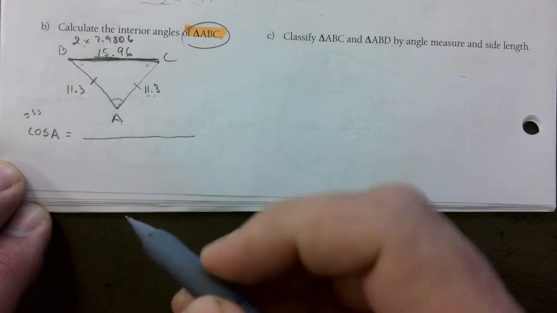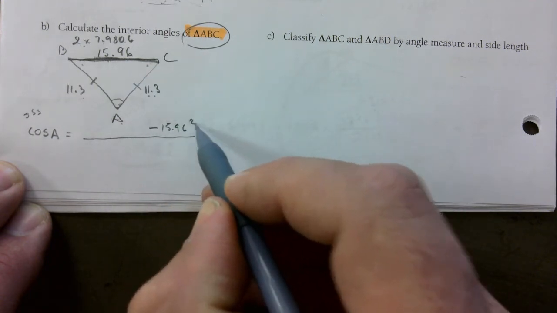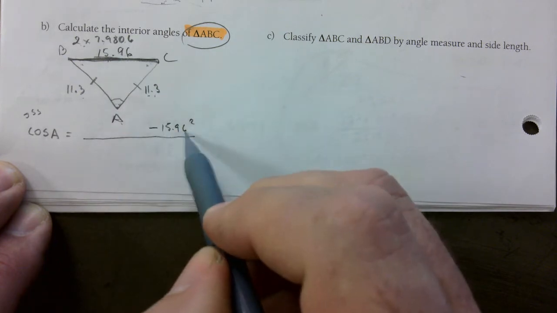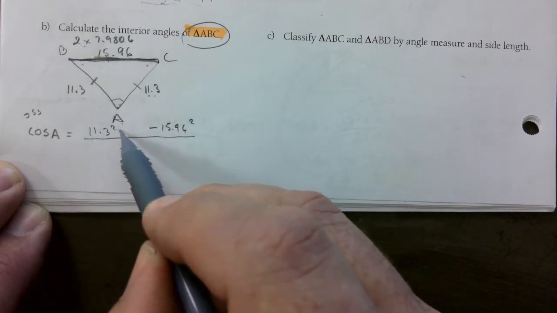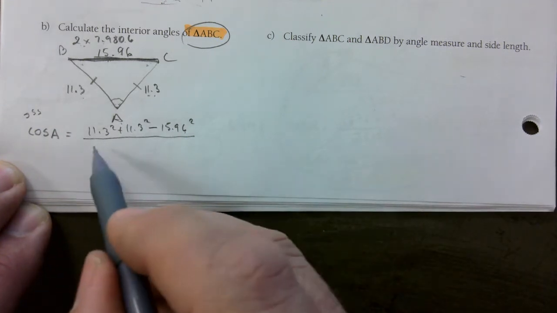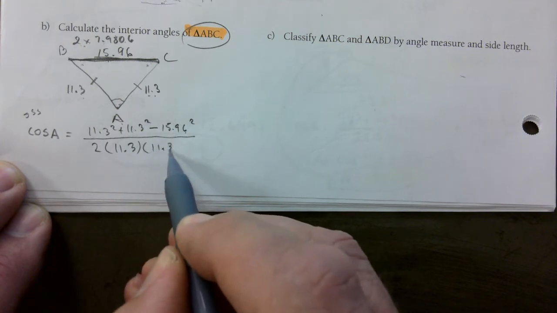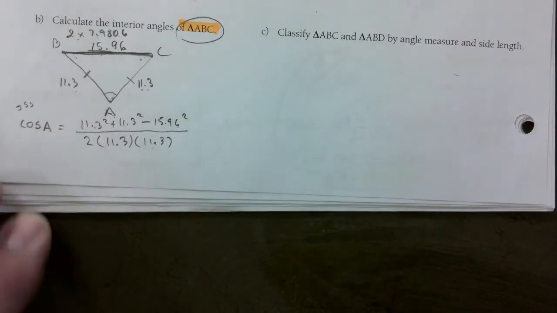That's why I do trig before I do these questions. So you go minus 15.96 squared, you take that, square it, and then it's 11.3 squared plus 11.3 squared. And then at the bottom is just 2 times 11.3 times 11.3 because they're the same, and that is okay.